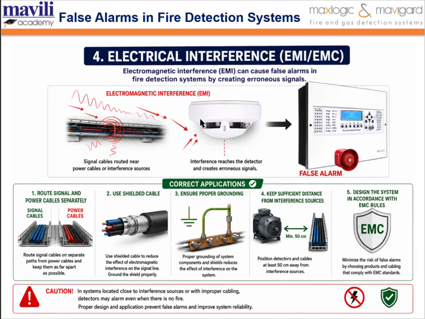Yes, electrical interference. Electromagnetic interference can cause false alarms in fire detection systems by creating erroneous signals. What is it actually? Devices such as high power motors, frequency inverters, generators, welding machines, or elevator systems, and also wireless communication equipment can emit electromagnetic interference into their surroundings.